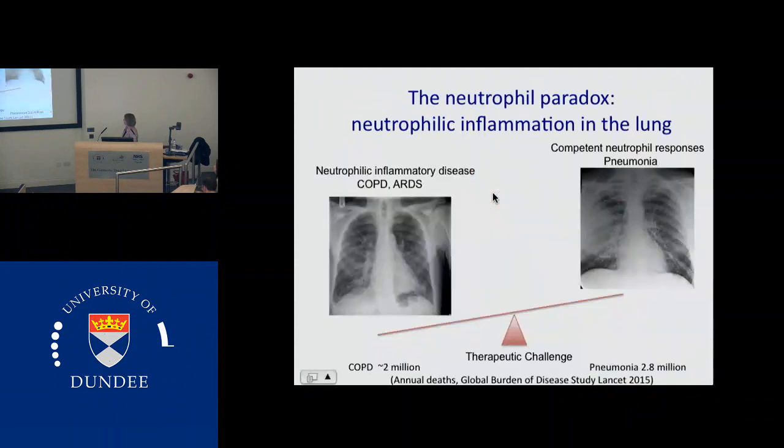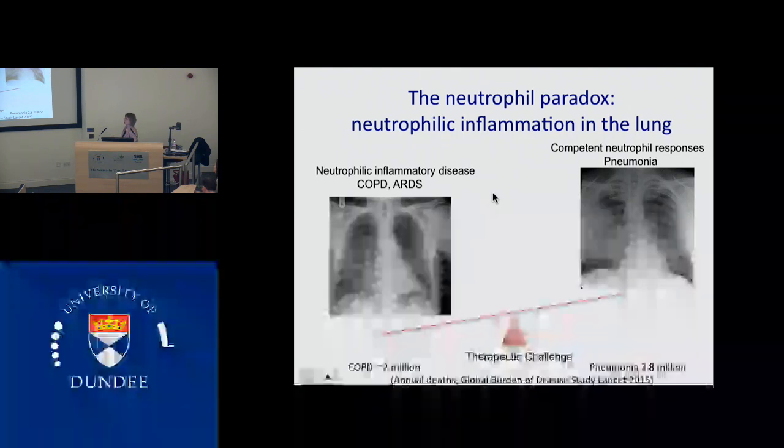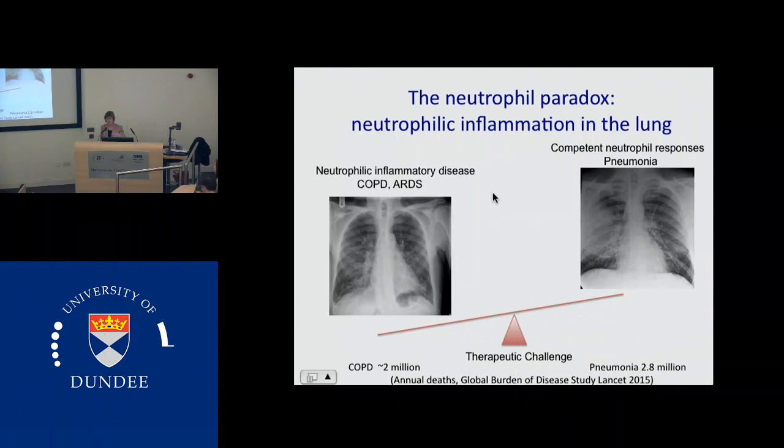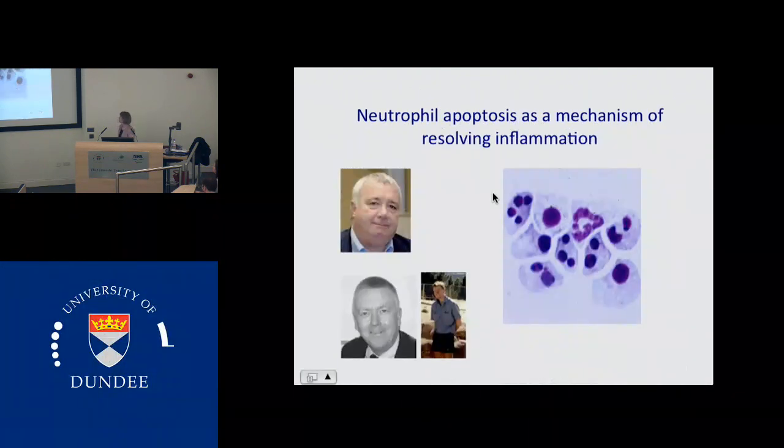So we have this paradox in thinking about the neutrophils: on the one hand we need competent neutrophil responses for when we experience infection, but on the other hand we know that neutrophils underpin the pathogenesis of many of the diseases that we deal with in our clinical practice. And these are big clinical challenges. So I just took some figures from the global burden of disease, and in the UK, the numbers of people who get pneumonia every year and the numbers of people who suffer from COPD are very significant indeed.